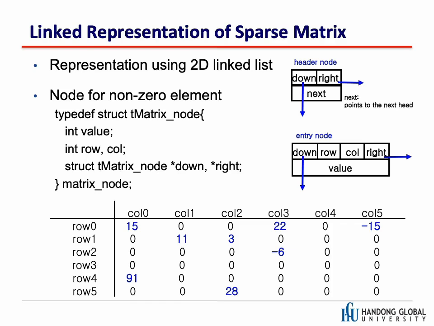Good. Then let's talk about the -6. The row is 2 and col is 3 and the value is -6. For down, we don't have any non-zero element below this -6, so it should go back to the header of this column 3.